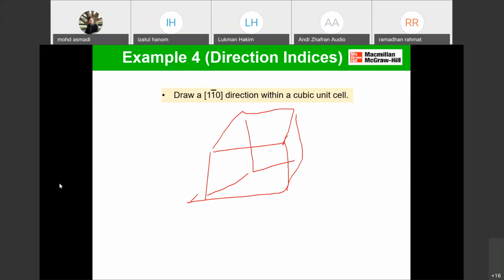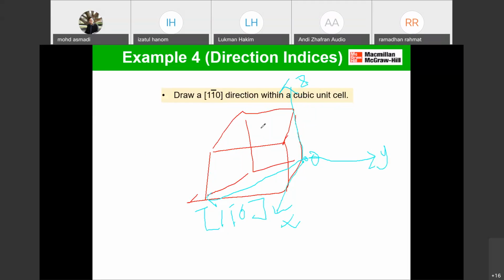Okay, so we define this one as the new origin. So toward this direction, 1, -1, 0. Okay, so this is the new origin. To the left, this one is y, this one x, this one z.